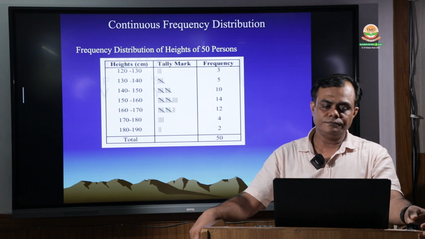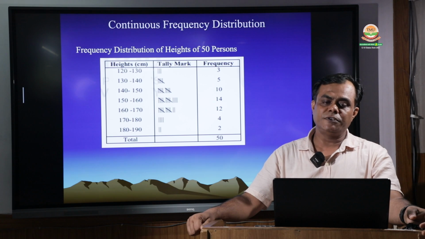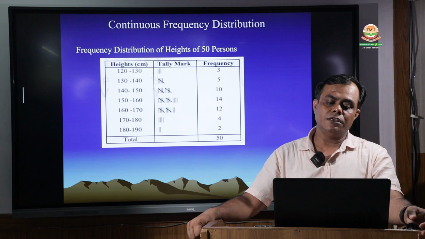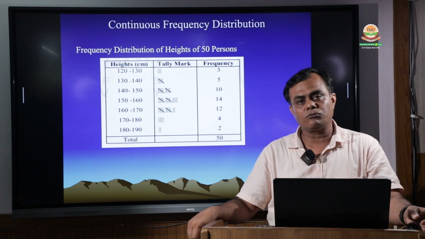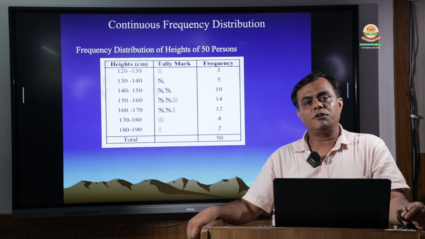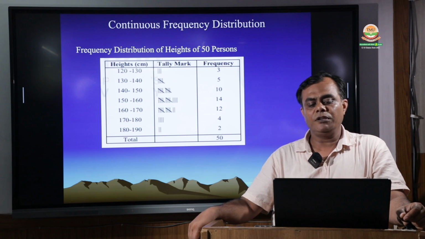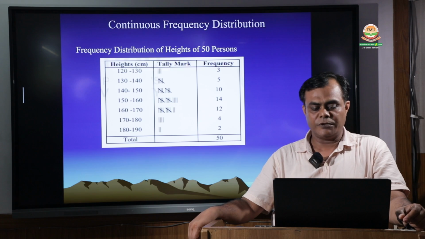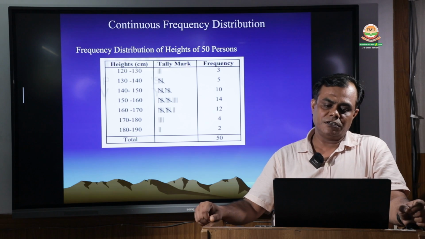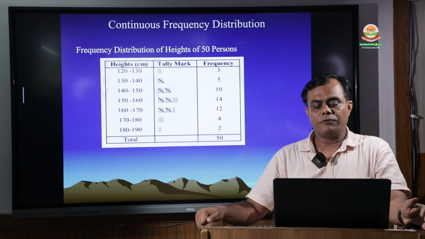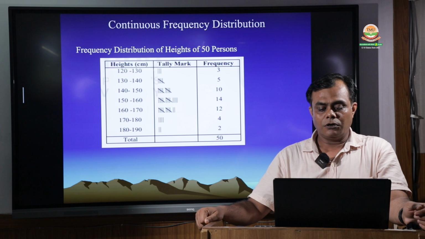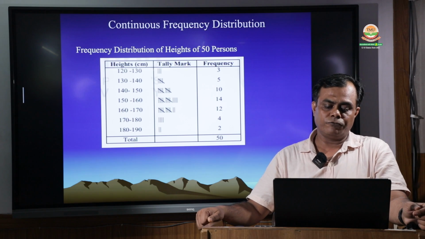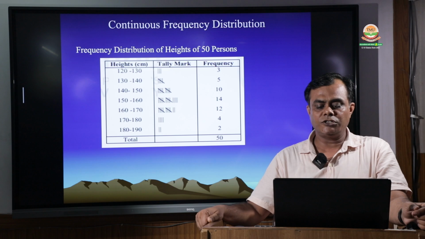There are 3 persons whose height is between 120 and 130 centimeters, 5 persons between 130 and 140 centimeters, 10 persons between 140 and 150 centimeters, 14 persons between 150 and 160 centimeters, 12 persons between 160 and 170 centimeters, 4 persons between 170 and 180 centimeters, and 2 persons between 180 and 190 centimeters.